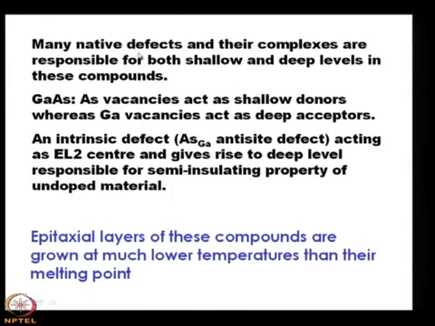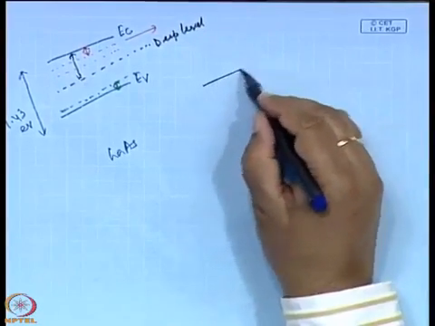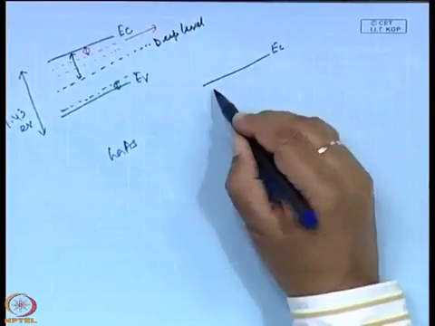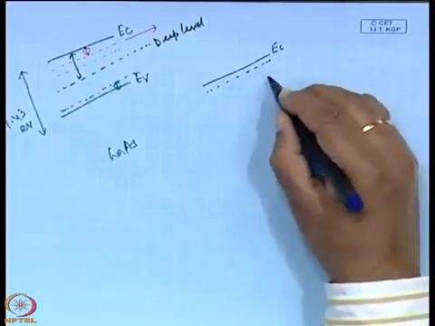It is there for 3-5 semiconductors, and suppose there are arsenic vacancies that act as shallow donors, whereas gallium vacancies act as deep acceptors. Shallow donors means it is very near to the bottom of the conduction band. This is the conduction band edge, it is very near to the bottom of the conduction band, that is shallow.